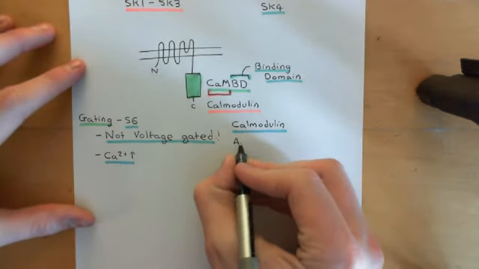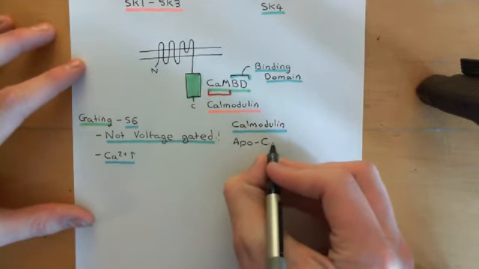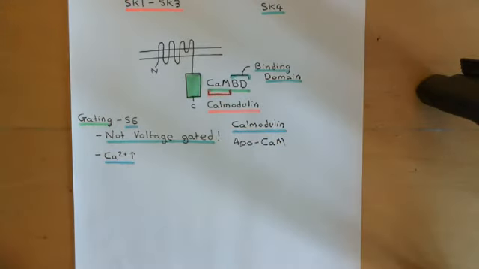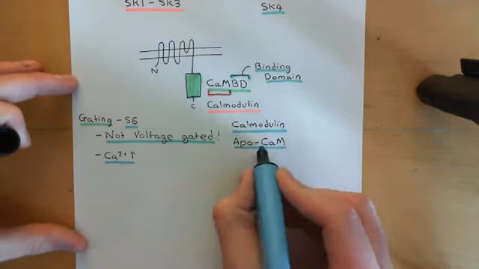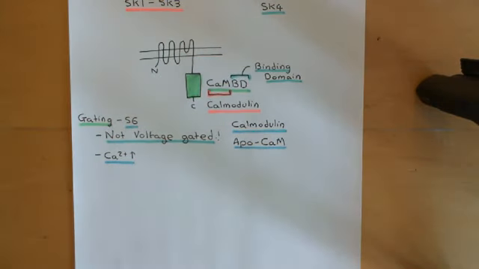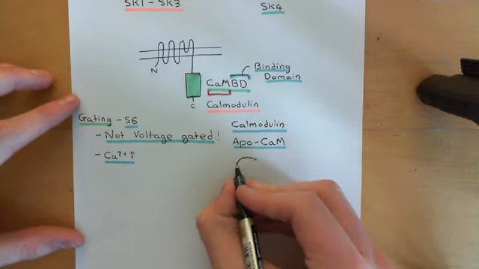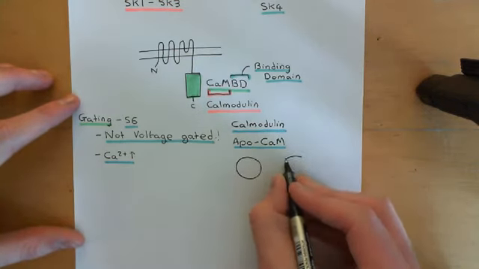Calmodulin can be in two states basically. There is what's known as apocalmodulin, which is calmodulin which doesn't have calcium bound to it. I'm now using this abbreviation for calmodulin, capital C, lowercase a, capital M. So let me draw you a picture of apocalmodulin. Calmodulin has two lobes. It's often compared to a dumbbell.